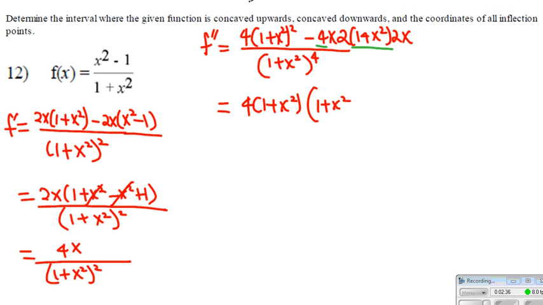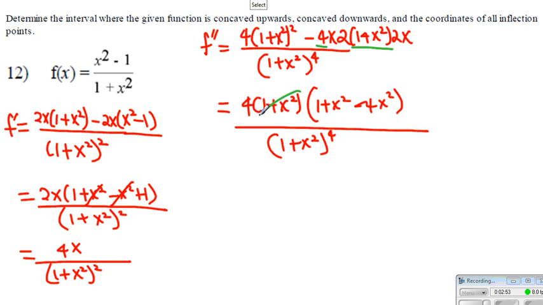So what we end up having is negative 4x squared, and divide the entire thing by 1 plus x squared to the 4th power. But as you can see, this factor and this factor to the 3rd are common, so there it goes. We have 4 times 1 minus 3x squared all over 1 plus x squared to the 3rd power.